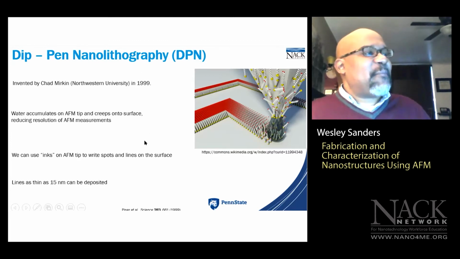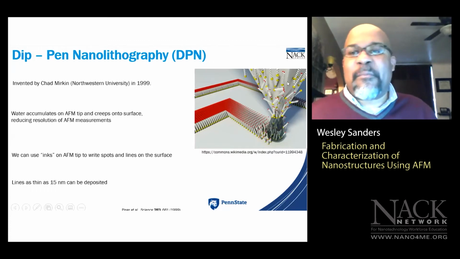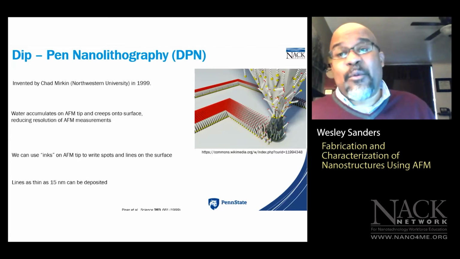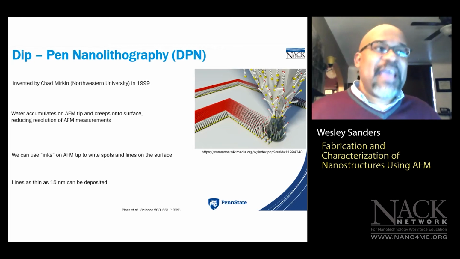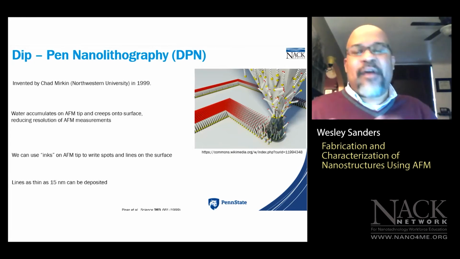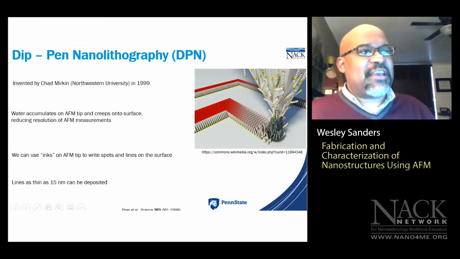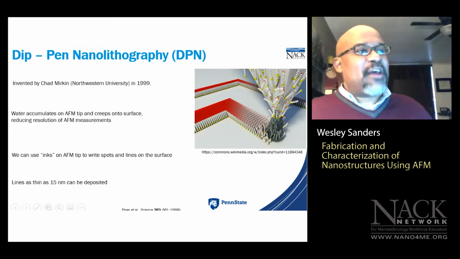And what this technique involves is loading the AFM tip with your molecules of interest. And once again, alkane thiol molecules are oftentimes used as the ink, right? And I'll talk about why here in just a second. So you load your AFM tip with the ink of interest, and then you lower the AFM tip until it makes contact with the sample surface.